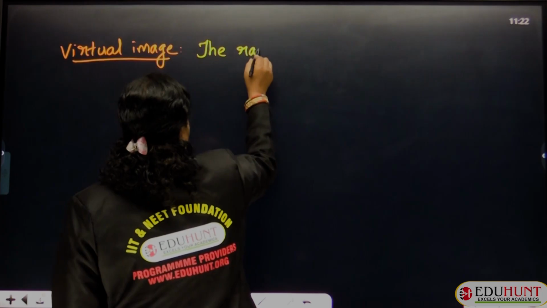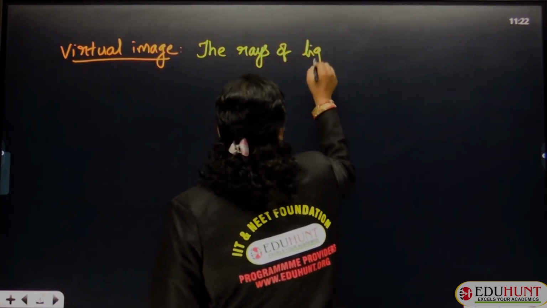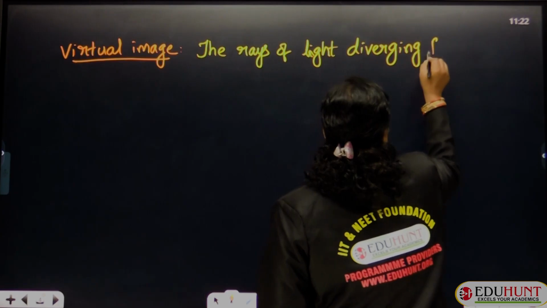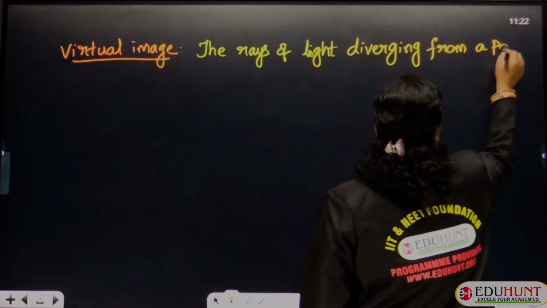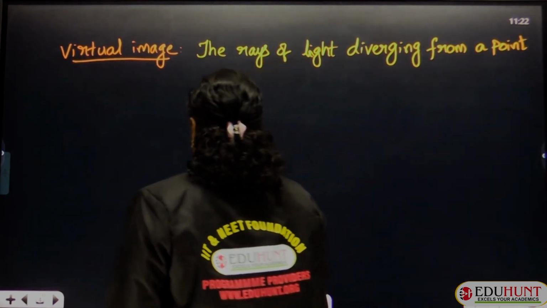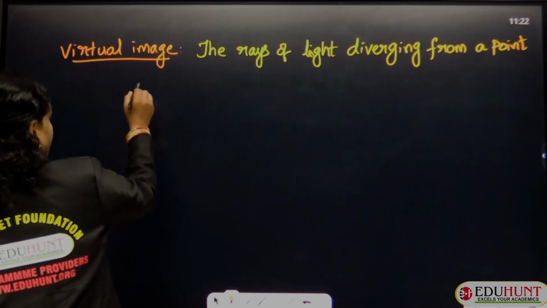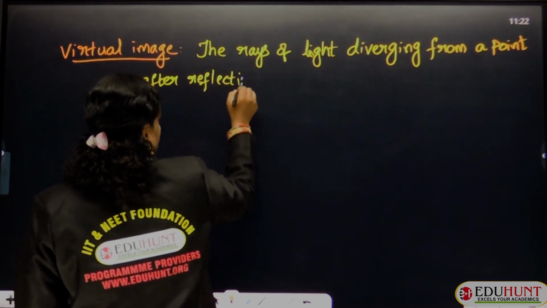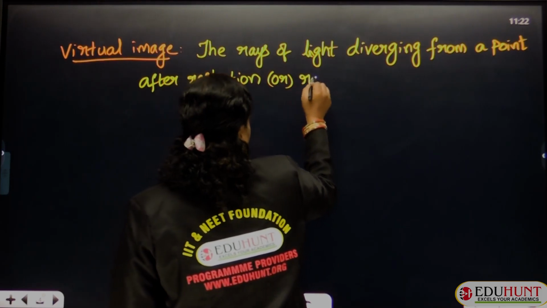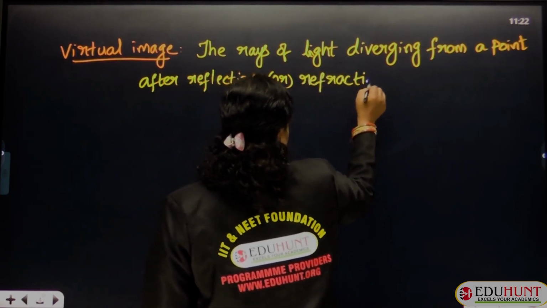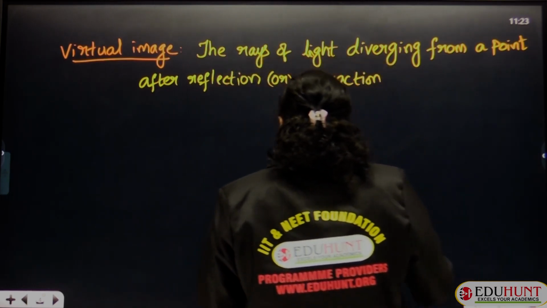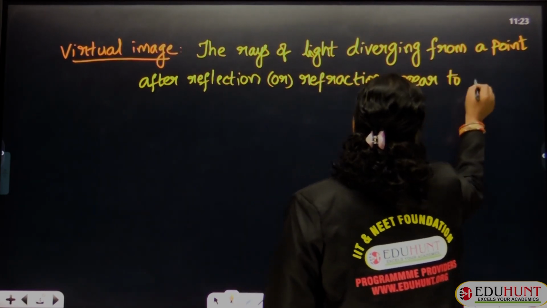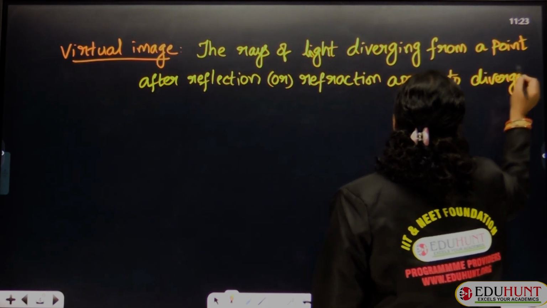The rays of light diverging from a point after reflection or refraction appear to diverge from another point.